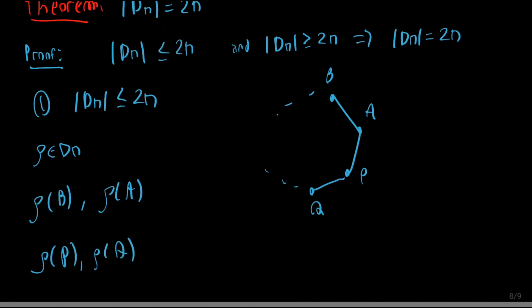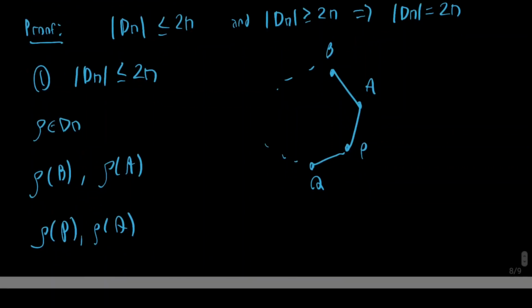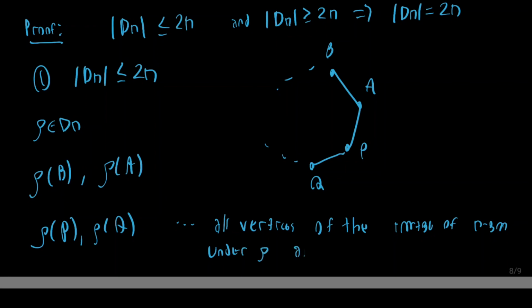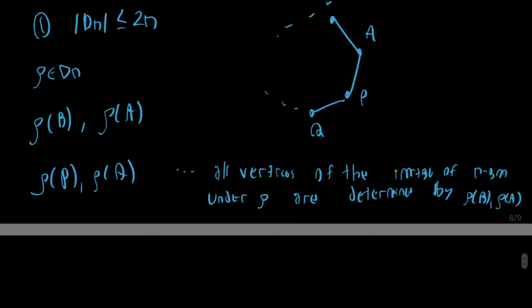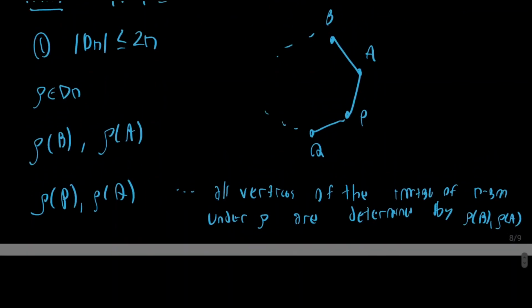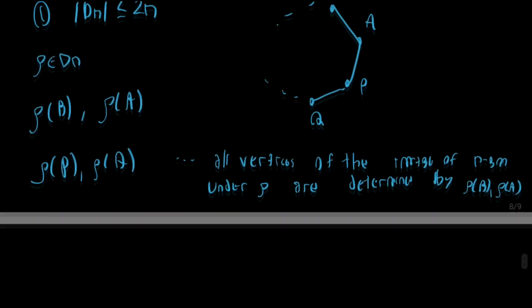If we take their image under this symmetry, then they will be uniquely determined by the distance to two adjacent vertices, for example rho B and rho A, meaning that this holds for rho P, rho Q, and for any vertex different from B and A. So we have that all vertices of the image of the n-gon under rho are determined by rho B and rho A. So by the position of a couple of vertices. So the position actually of the image of a couple of adjacent vertices.